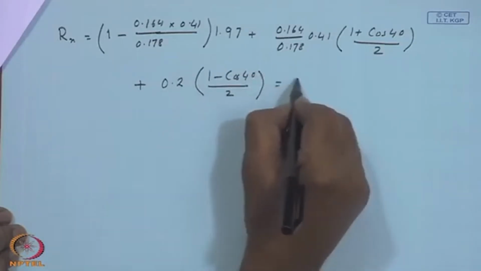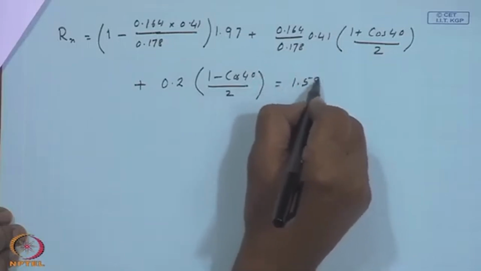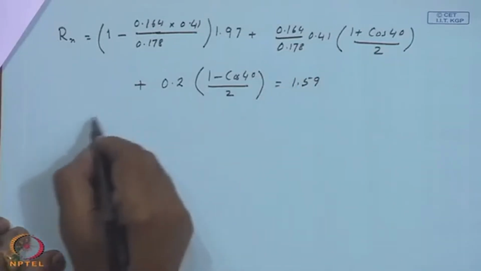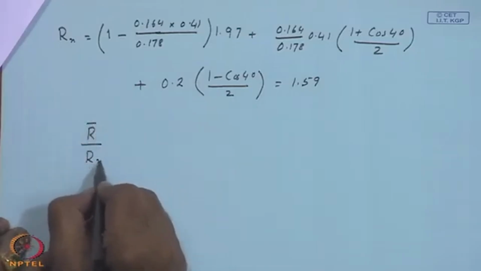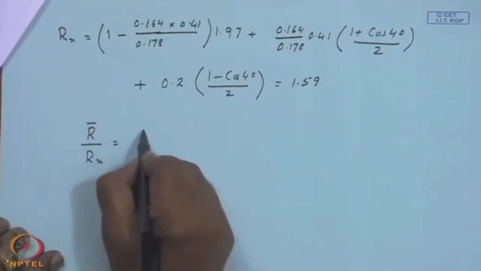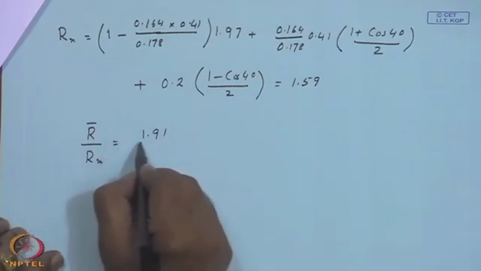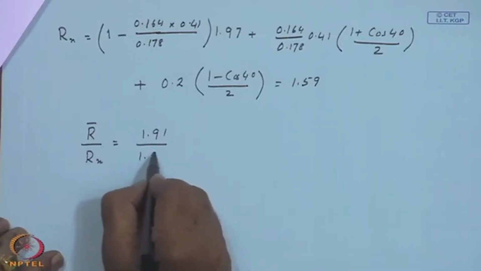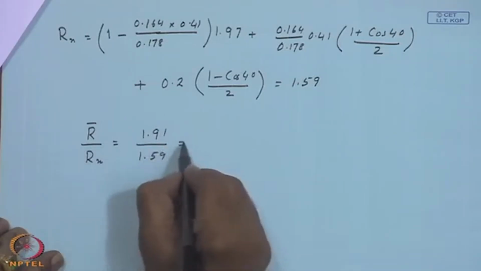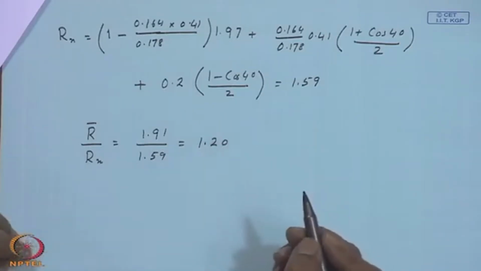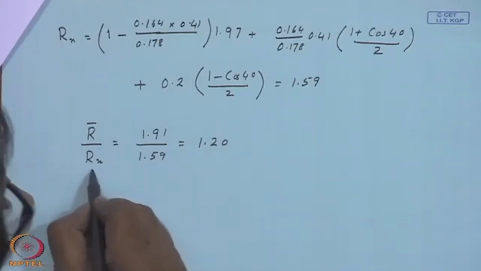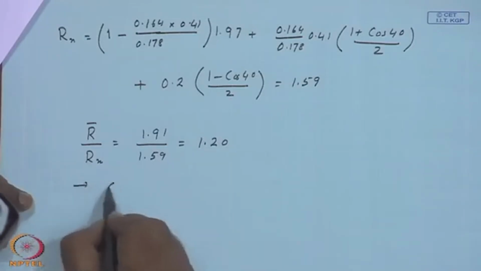This comes to be 1.59. So, R bar upon R n equal to 1.91 by 1.59 equal to 1.20, right. So, this is one parameter I need in calculating phi bar.